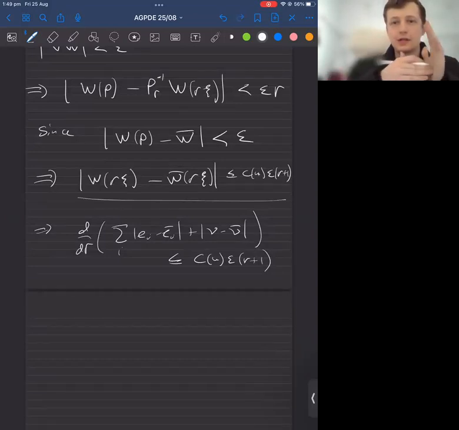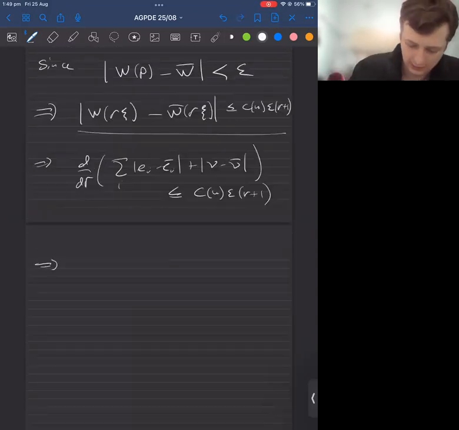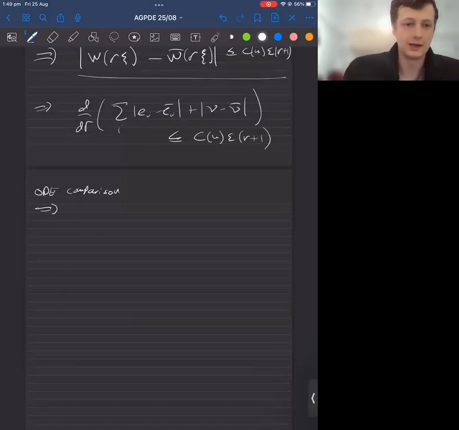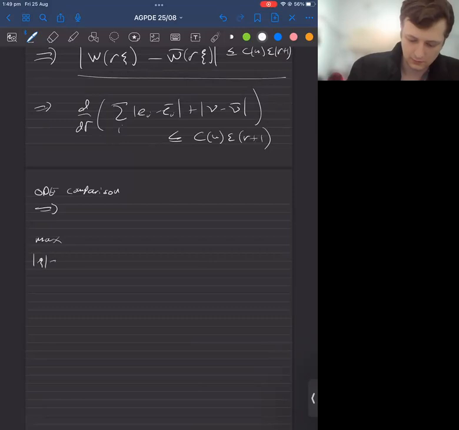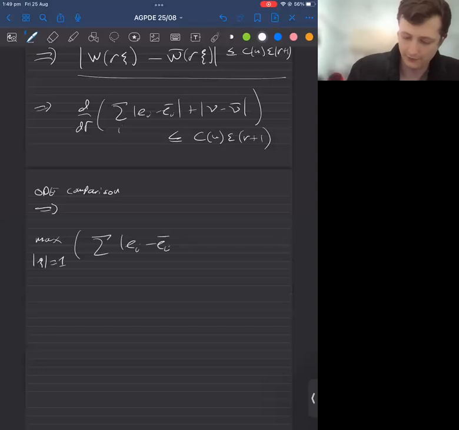Then because they agree at the point, we use ODE comparison to get a bound on the difference between our frames.